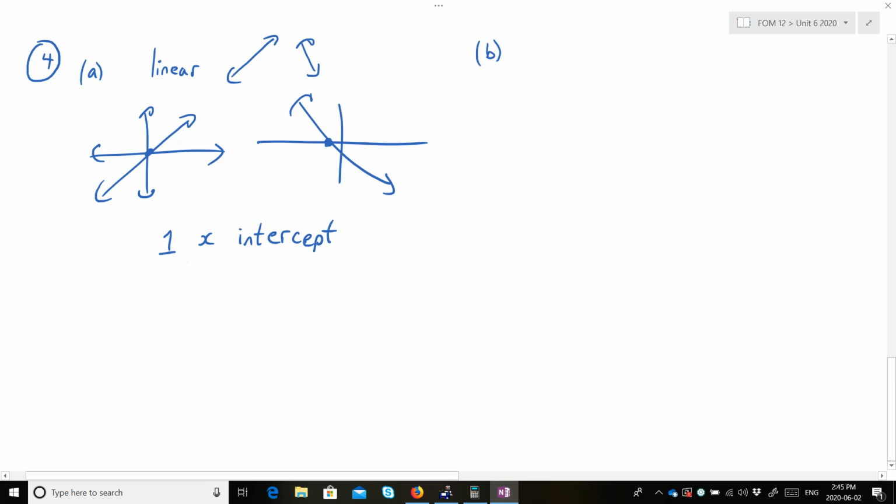Okay, part B, for each type of polynomial function below, sketch graphs to show all possible numbers of x-intercepts, and quadratic functions look like that.